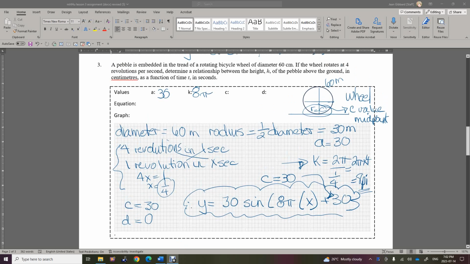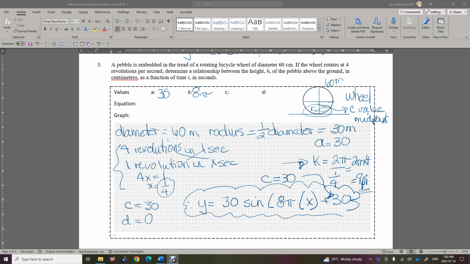Now, question number 3: a pebble is embedded in the tread of a rotating bicycle wheel with a diameter of 60 meters. If we draw the diagram, we have the circle, and we draw the diameter from the top to the bottom.